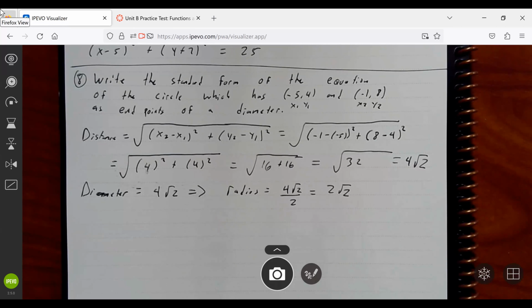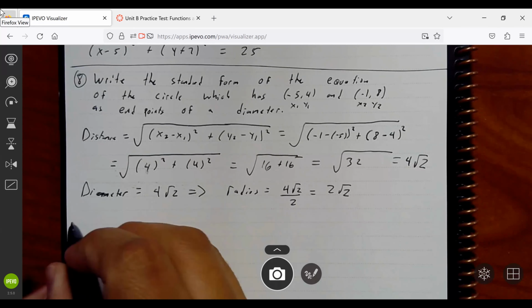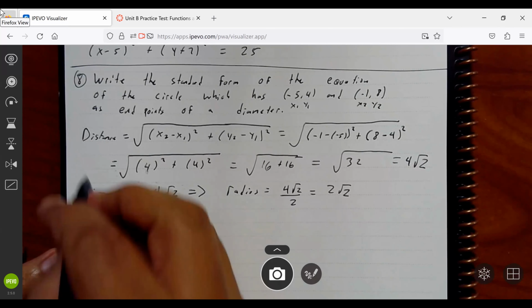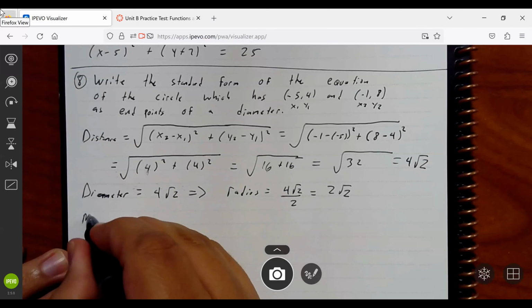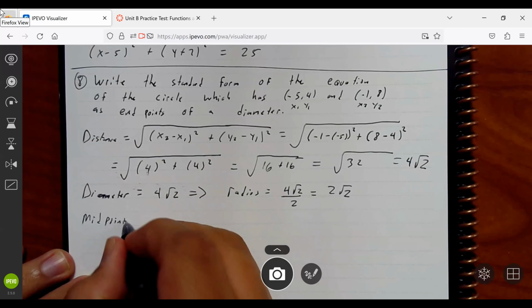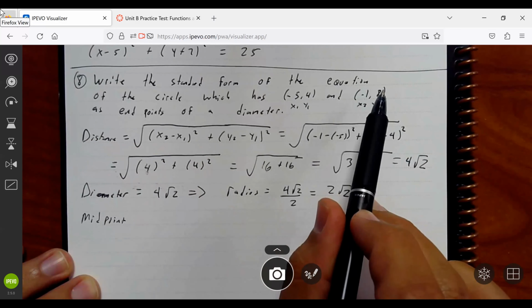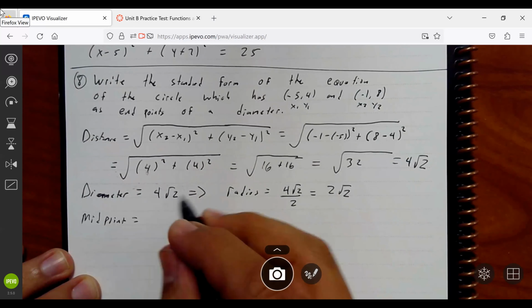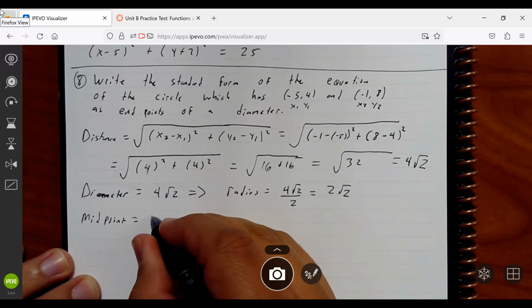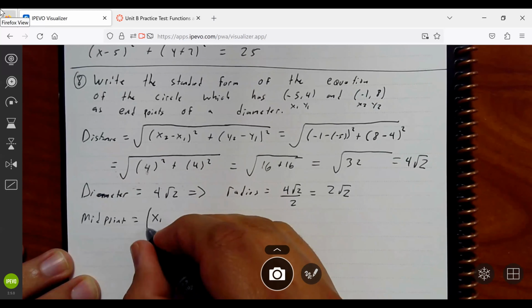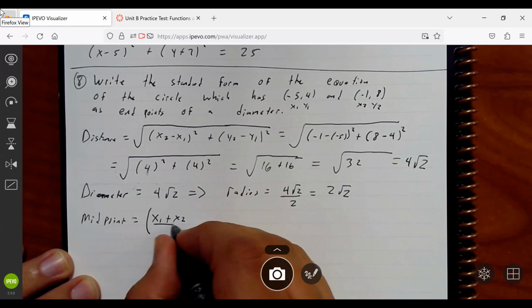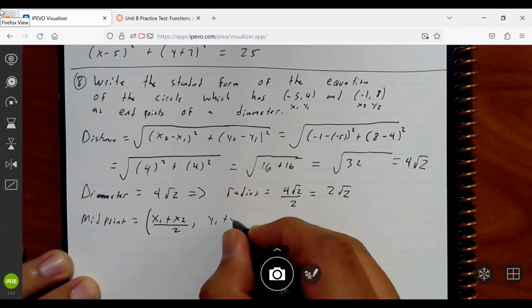Okay. How would you guys find the center? Yeah, use the midpoint, because these 2 points are on the edges, right? So the midpoint would give you the center.